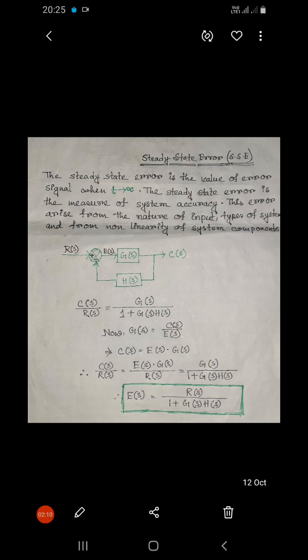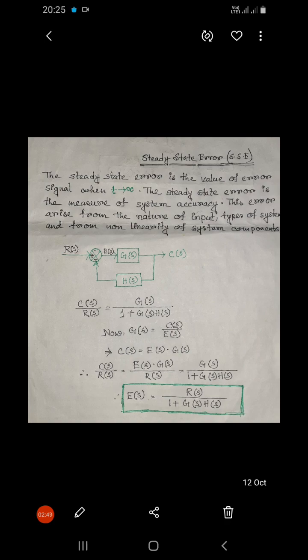Here we have open loop gain G(s) and a feedback gain H(s), and this is the negative feedback control system we consider here. So if we observe the error signal E(s), this E(s) is equal to R(s) minus C(s) into H(s).